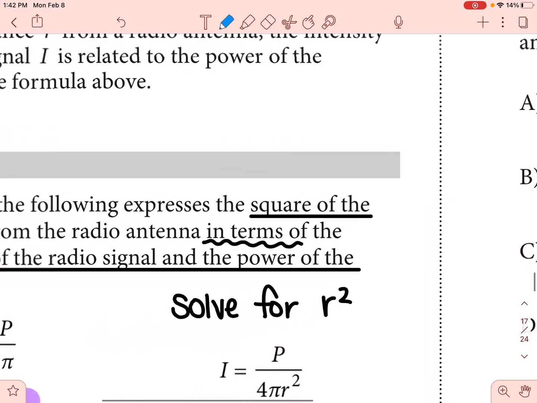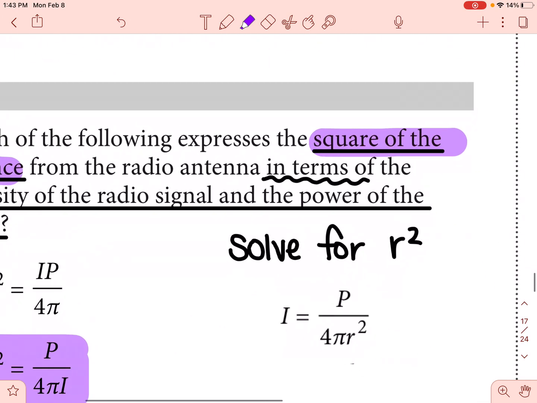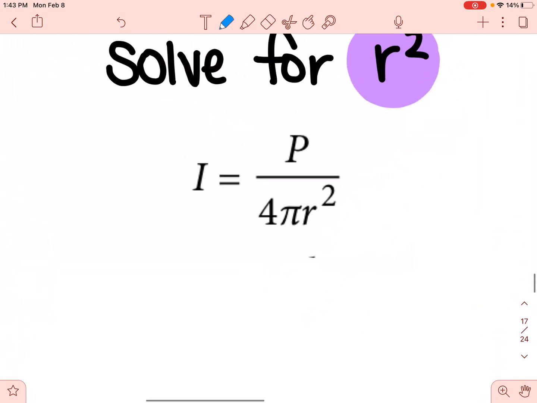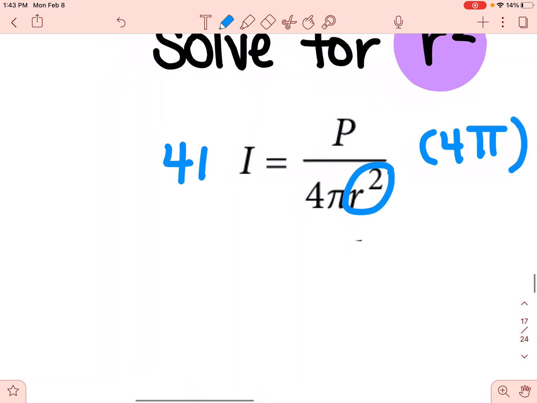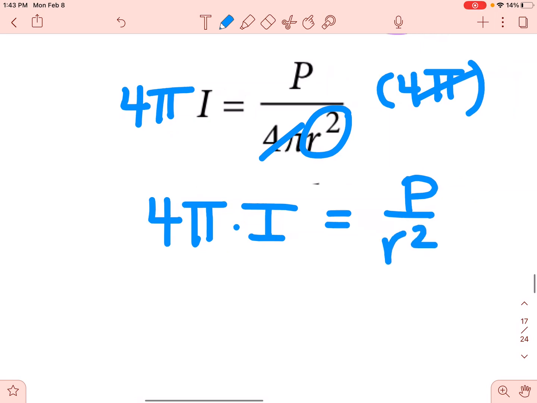All you need to know is what you're solving for. And so expresses the square of the distance tells me that I'm solving for R squared. So I'm going to take the equation they gave me and get the R squared by itself. So I would start by multiplying over the 4 pi. So that gives me 4 pi times I equals P over R squared.